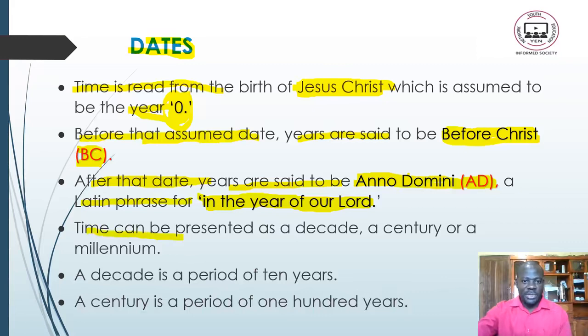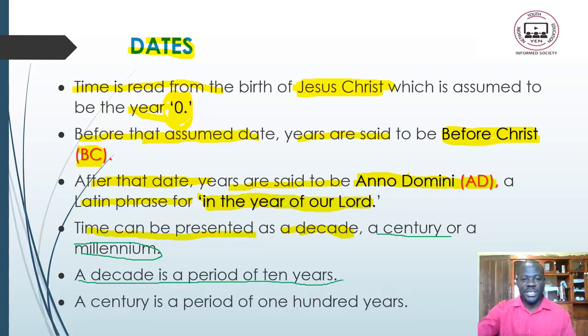Time can be presented as a decade. So take note of this. Time can also be measured as a decade, also as a century, also as a millennium. When we say a decade, it is a period of 10 years.